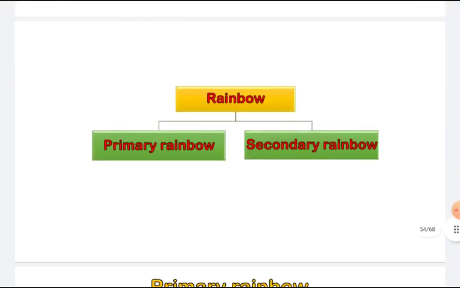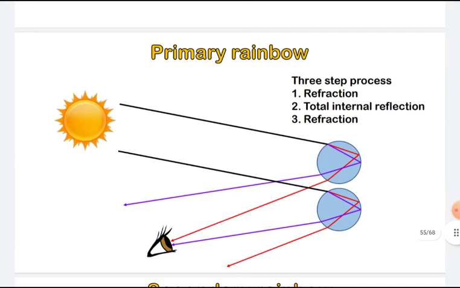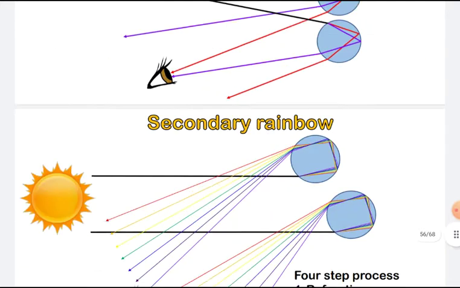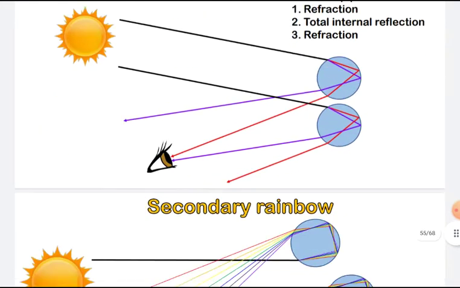The rainbow is of two types, primary rainbow and secondary rainbow. The three-step process is refraction, total internal reflection and refraction. Dispersion is there, okay.